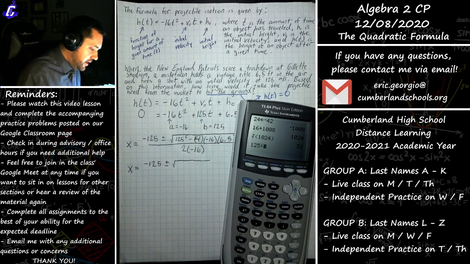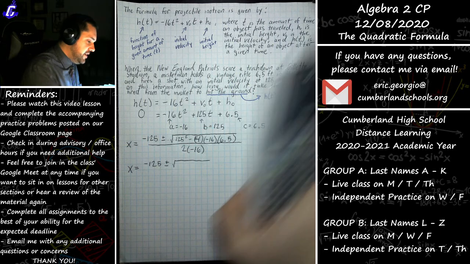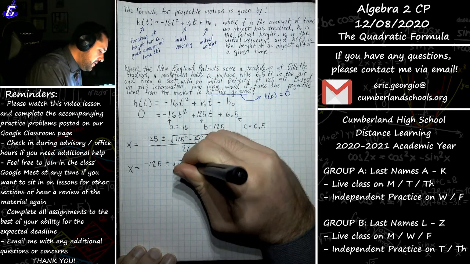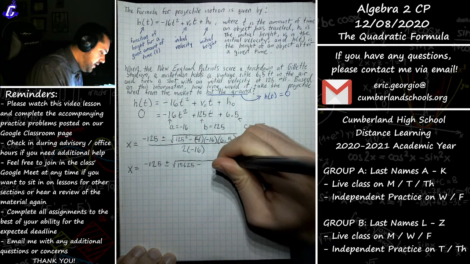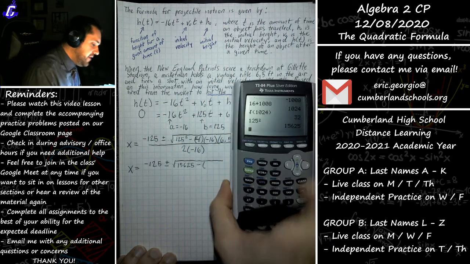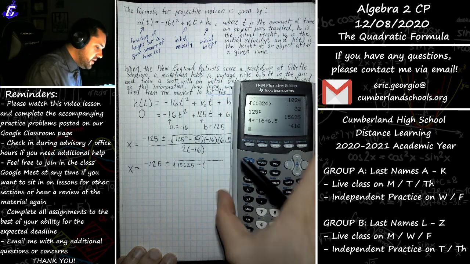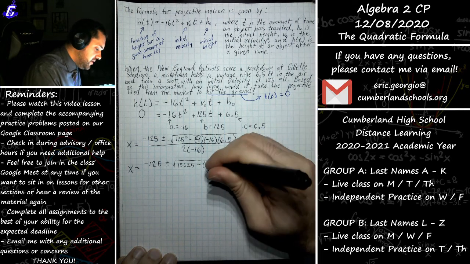125 squared is 15,625. 15,625 minus the product of 4 times negative 16 times 6.5. Ready? 4 times negative 16 times 6.5. We get 416, so minus negative 416.